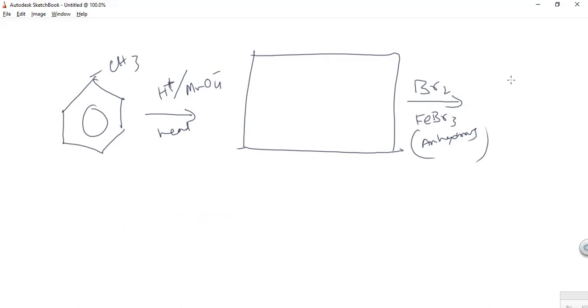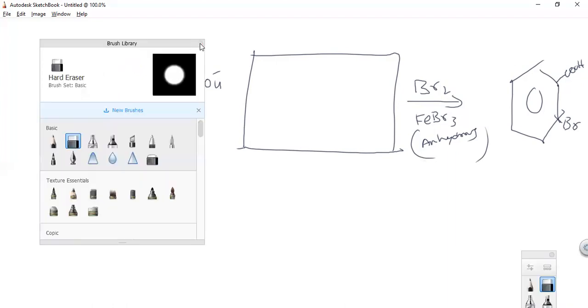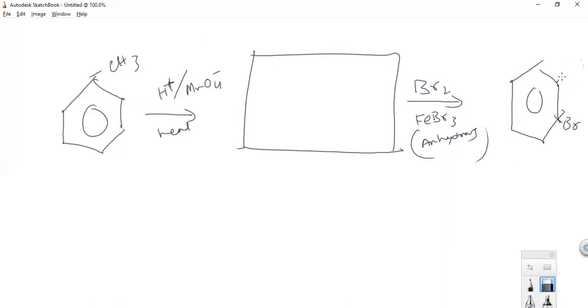Now over here, we're getting this product. This is COOH, and this is Br. So try to guess what reaction could have been happening. Wait, this is a mistake here. COOH, yeah, this is now perfect.